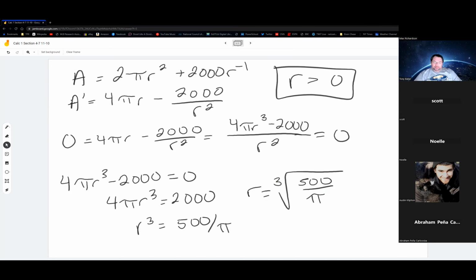So I've got my derivative and my radius now.